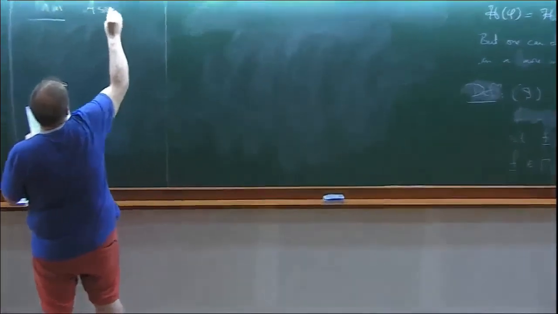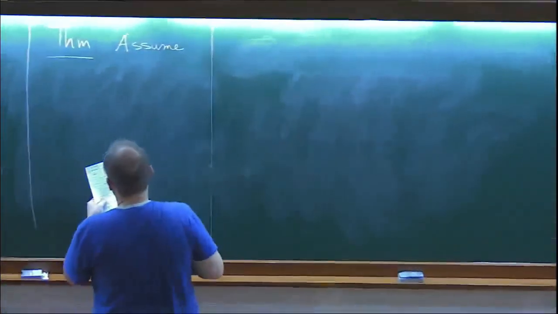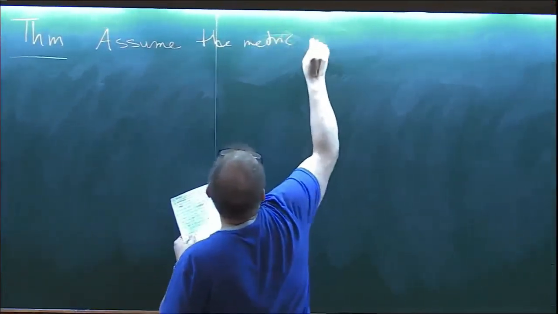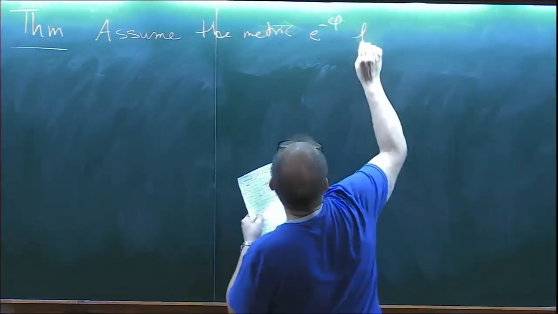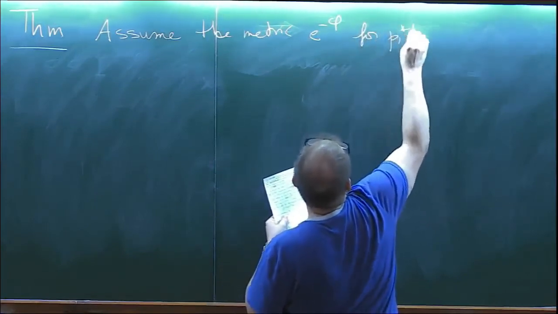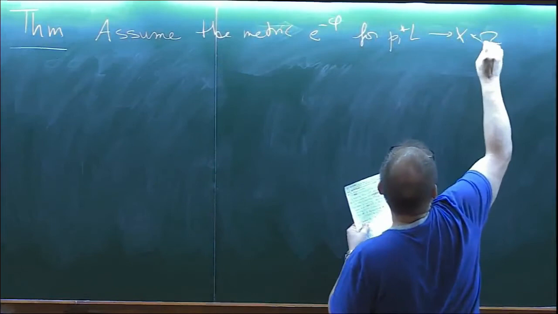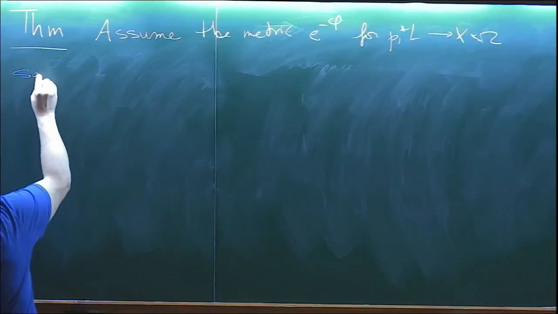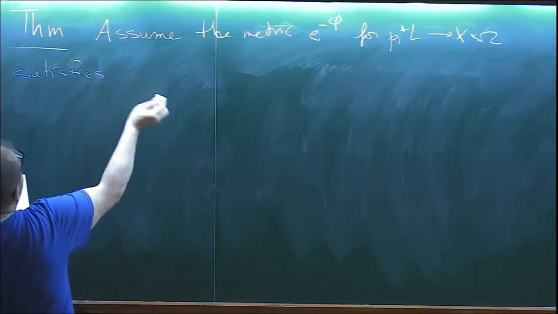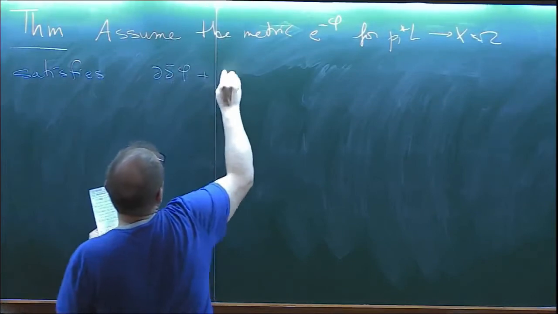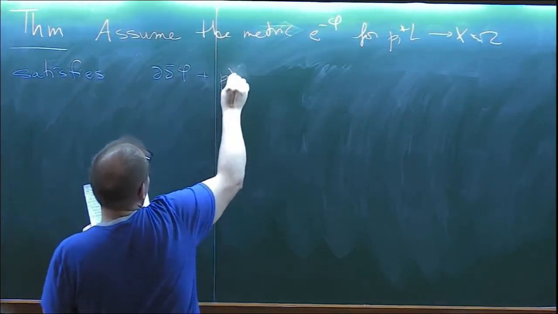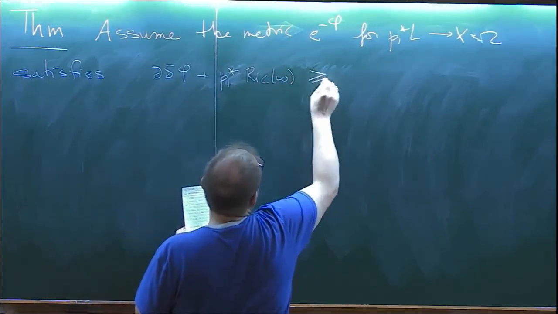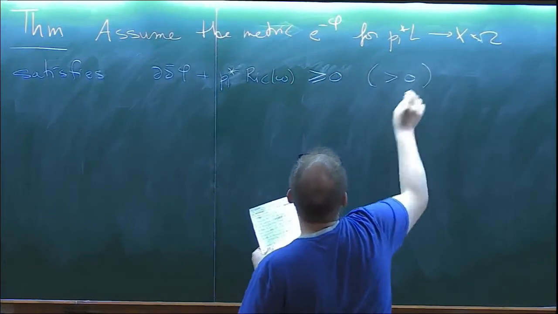So assume the metric e to the minus phi for the pullback of L to X cross Omega satisfies dd bar phi plus the pullback of the Ricci curvature of Omega is greater than or equal to 0, or maybe bigger than 0.